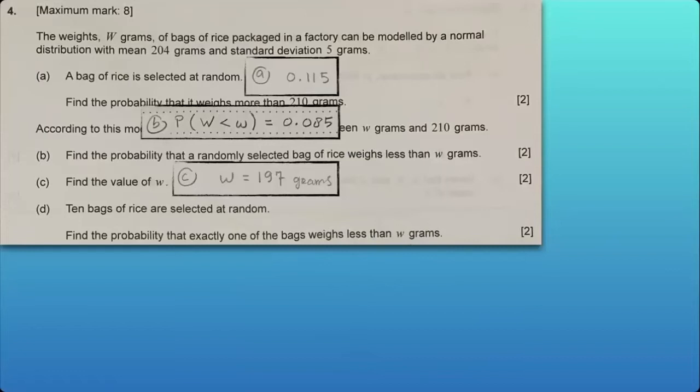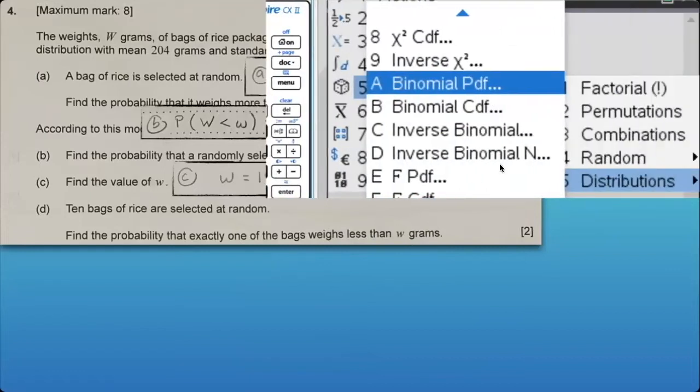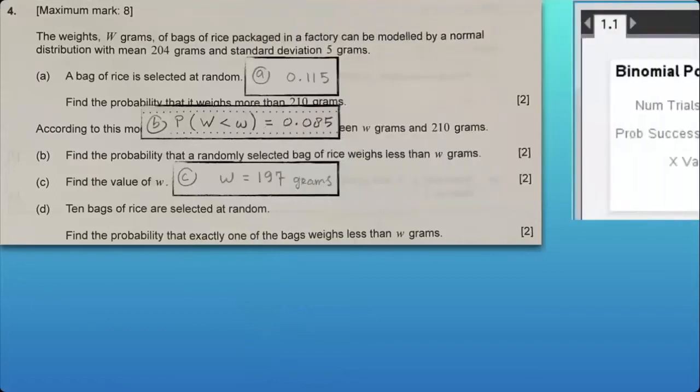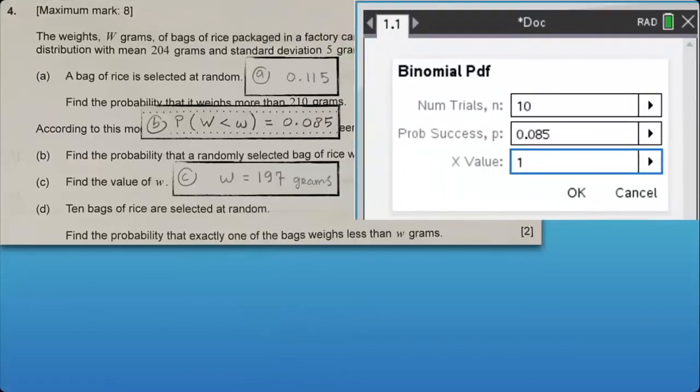So let's take out the calculator. You go to menu, probability, distribution, and then you choose binomial PDF because the question says exactly one of the bags, so choose PDF. Then we input the number of trials. 10 bags of rice are selected at random, so there are 10 trials.